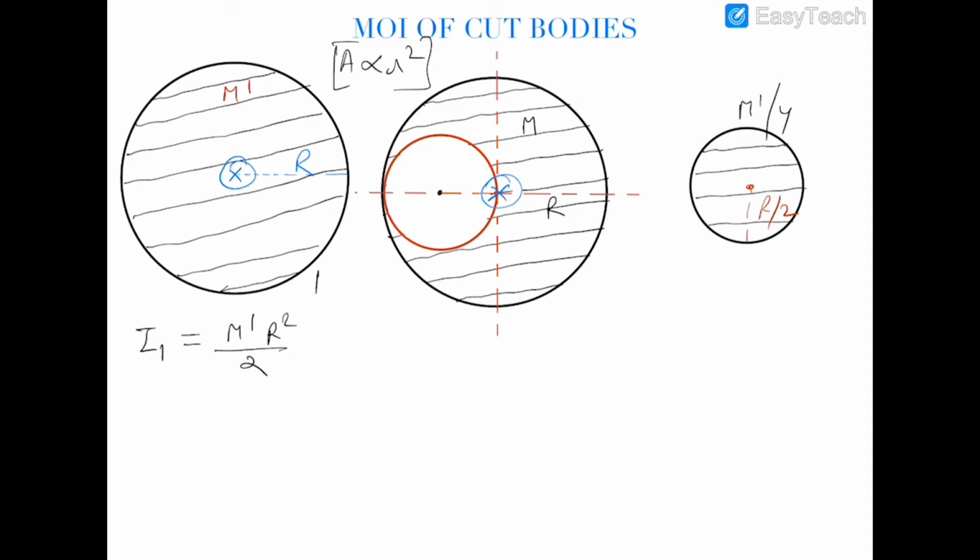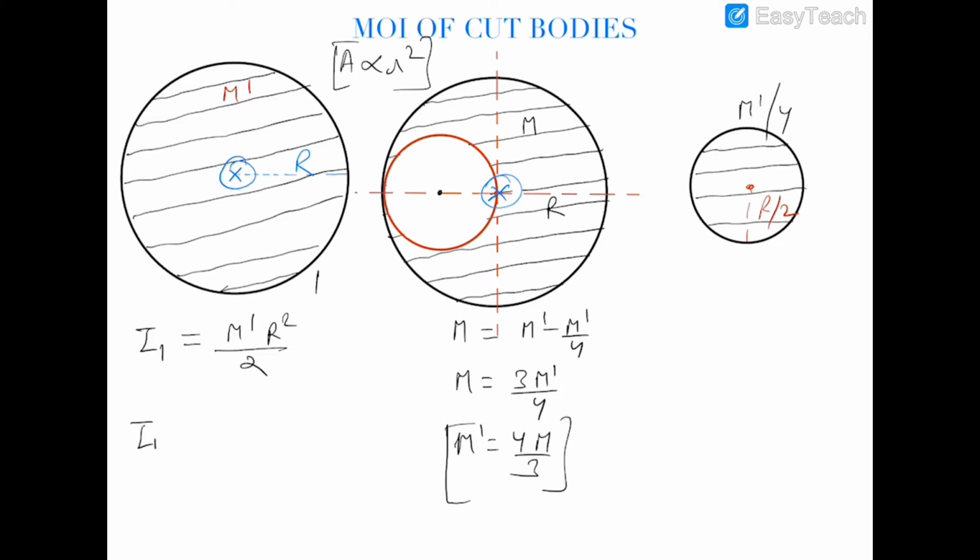Now the remaining mass is the mass m, and therefore m can be written as m dash minus m dash by 4. So m is equal to 3m dash by 4. So m dash is equal to 4m by 3.